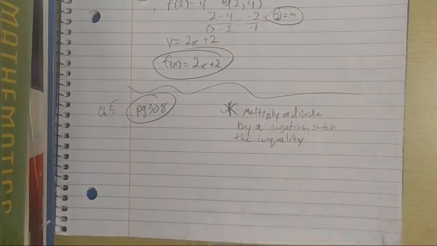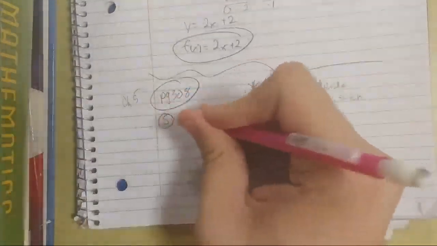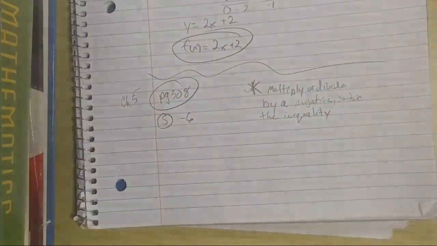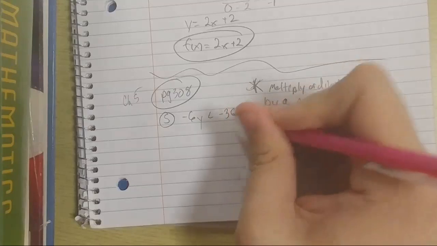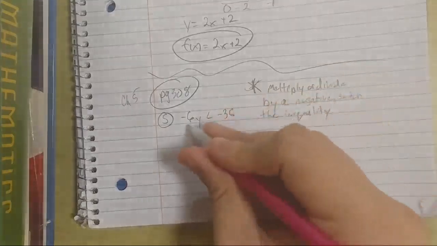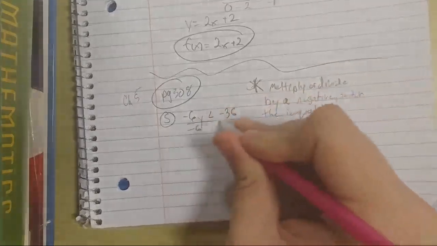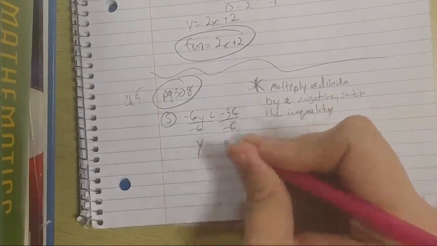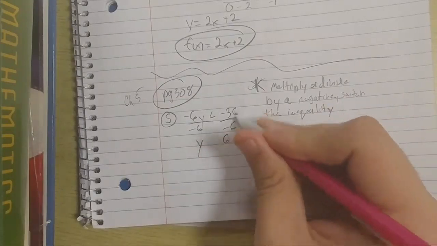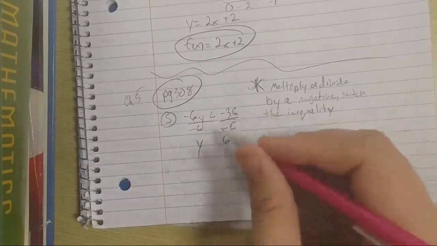So I'm going to pick one that purposely shows that. So let's do number 5. Okay, so number 5, negative 6y is less than 36. I'm going to divide it by negative 6. Just like you're solving an equation, you do the same thing. So y, and this is going to be a positive 6, because 36 divided by 6 is positive 6.